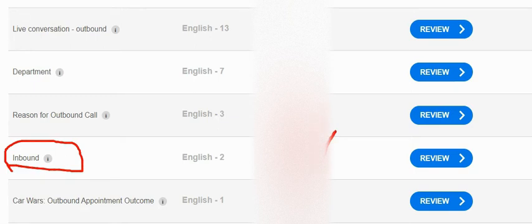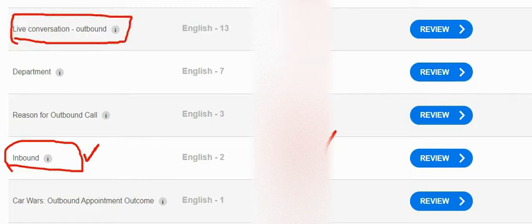Even if this one is open to you, just continue to work on the first category which was already open to you, because even if you have this category and then you make a lot of mistakes, this category can be removed from you. Okay, so make sure to maintain and work on this category.